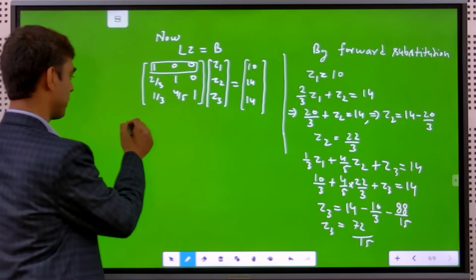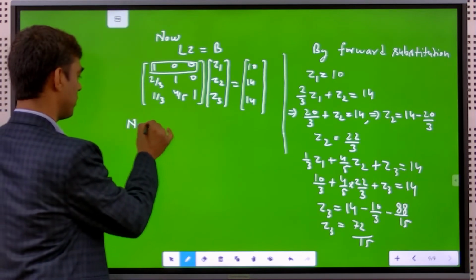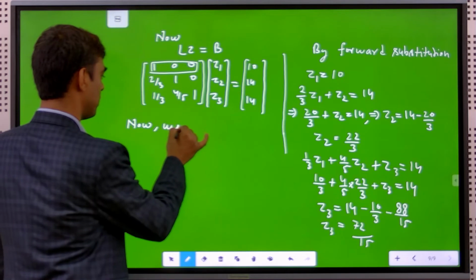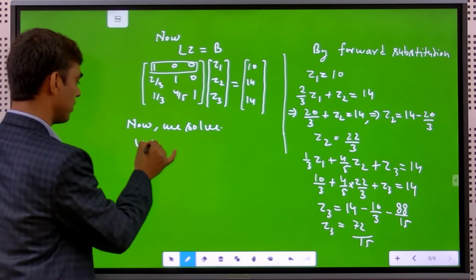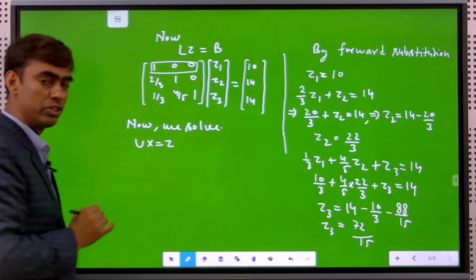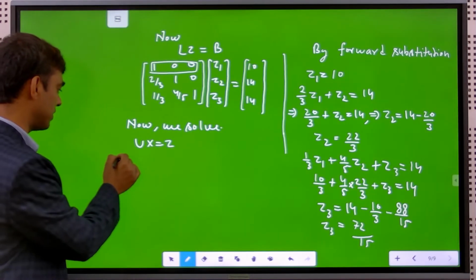Now we solve Ux equals Z. What are the values of U?